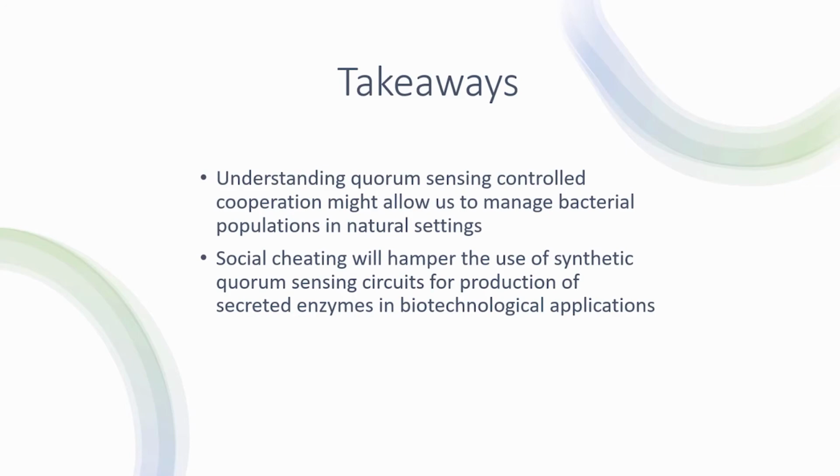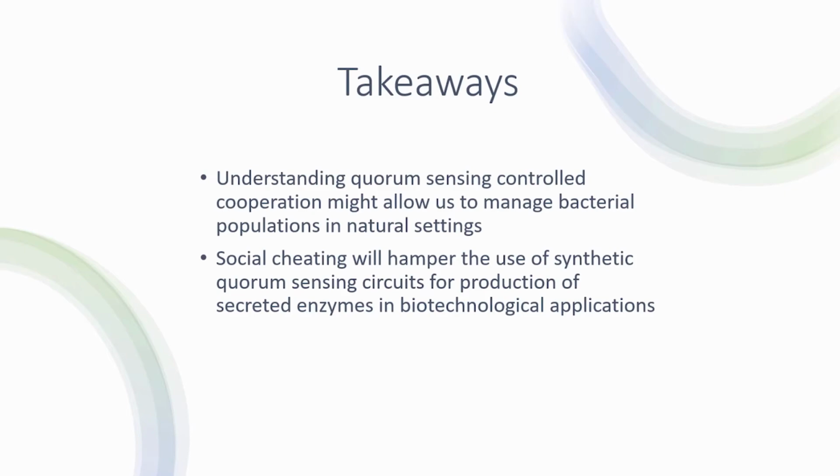And quorum sensing is really common amongst a lot of bacteria. So being able to understand that process will help us manage those populations and benefit us without really doing too much to the bacteria.